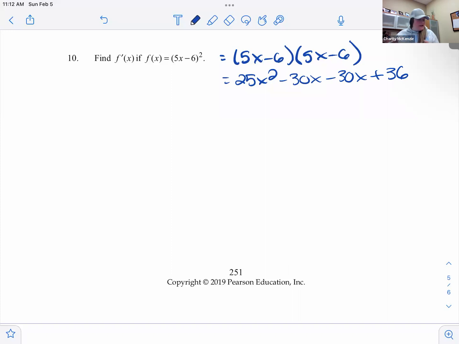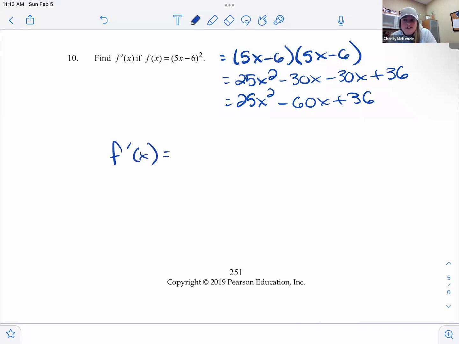So I'm going to multiply it all the way out. Almost done. We can combine our middle terms to be negative 60x plus 36. So we have multiplied that all the way out. Now I can easily take the derivative of that function.